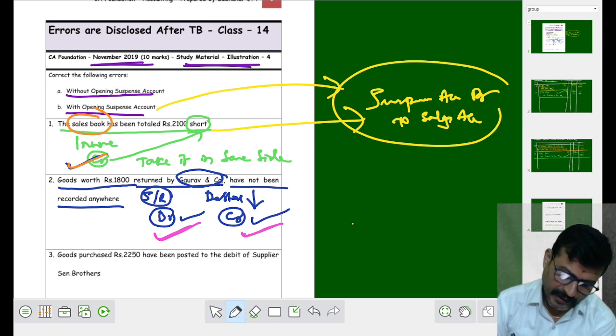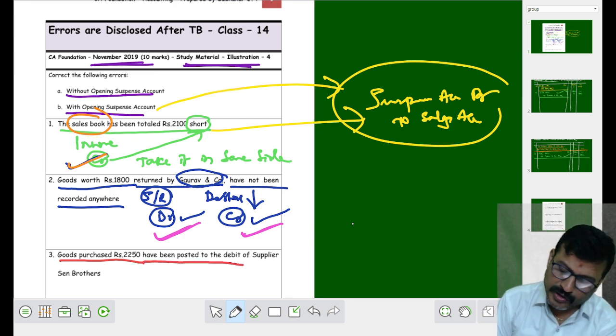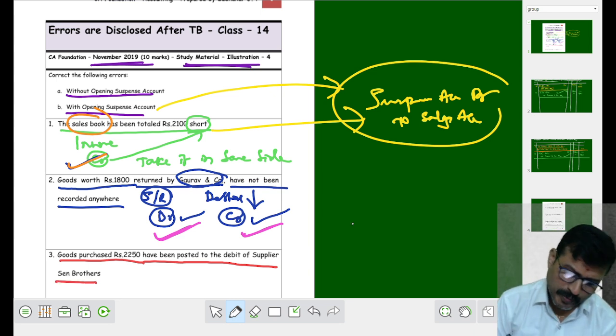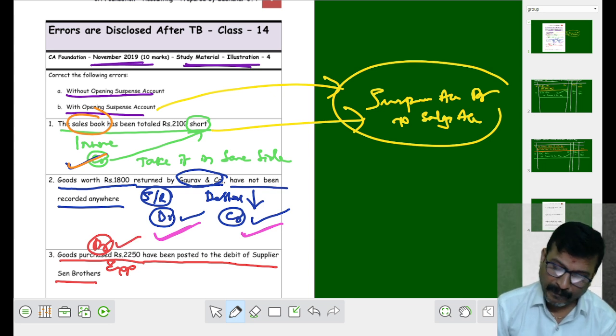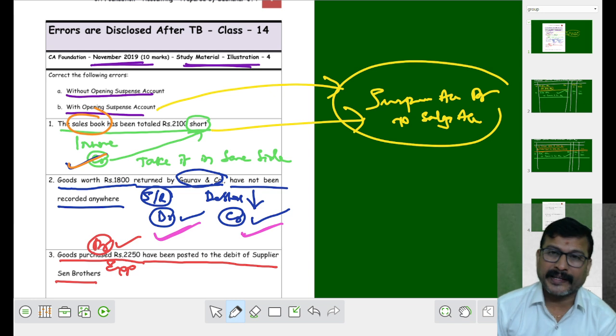Goods purchased 2250 have been posted to the debit of supplier Sen Brothers. Fine. Purchase means what? Expenses. Expenses, what to do? Debit. Goods purchased 2250 have been posted to the debit of supplier.